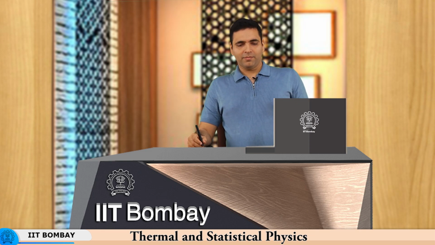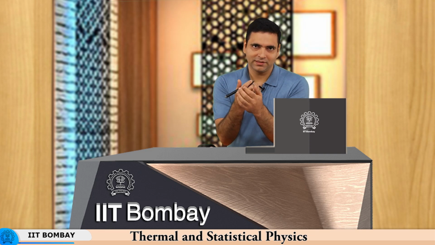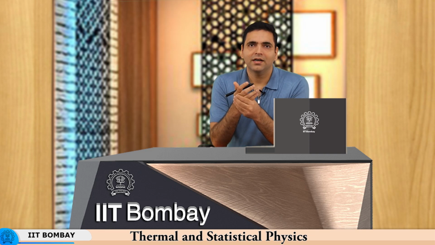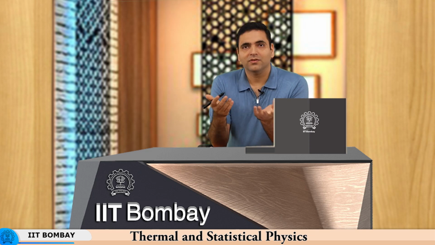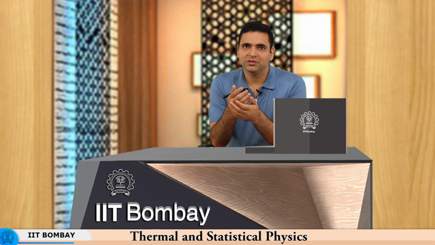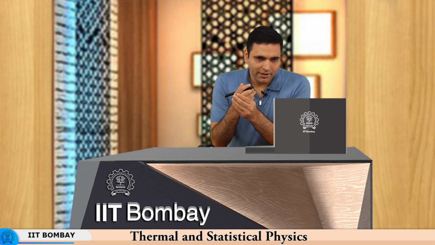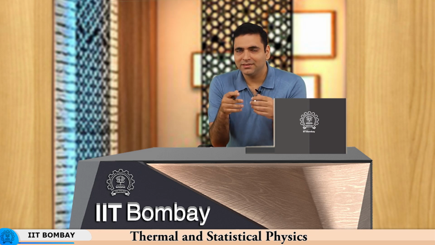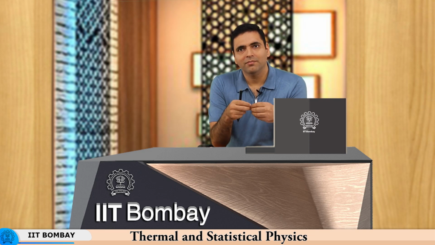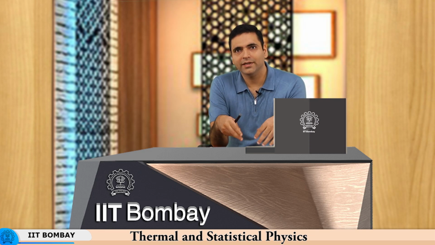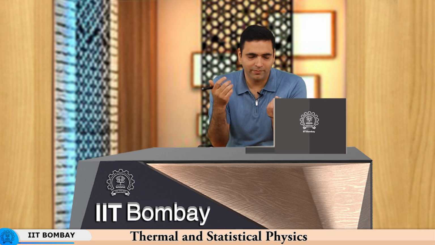But it turns out, like we discussed in the last class as well, there are limitations to that approach. The biggest one being we have to make a lot of assumptions at the microscopic scale. So in that sense, it's like a bottom-up approach. The kinetic theory was like you start from the microscopic view and you infer the macroscopic properties.